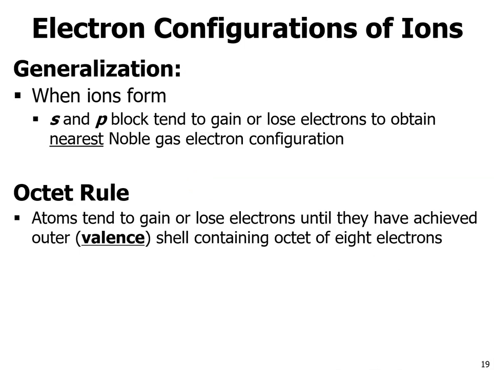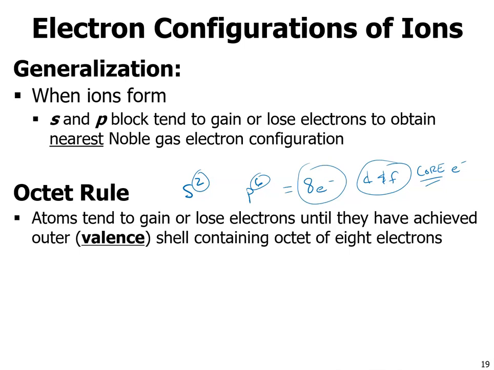Again, that is going to be from the s orbitals, which allow you to have 2, and the p orbitals, which allow you to have 6, and those are going to be 8 electrons. And remember that when we're talking about putting electrons on the outside, these are the only ones. The d and f orbitals are going to be core electrons, and those are not going to be part of the valence shell.